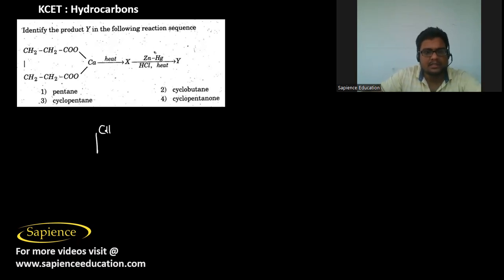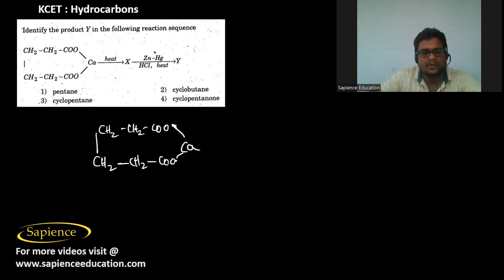So here the reactant is CH2, CH2, COO, Ca, which is actually CH2 whole twice, CO whole twice Ca. When it is heated, it produces the compound X, which is cyclopentanone.